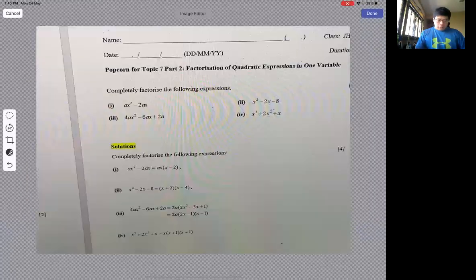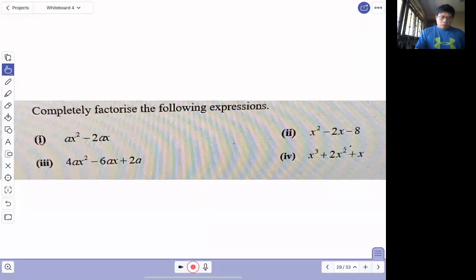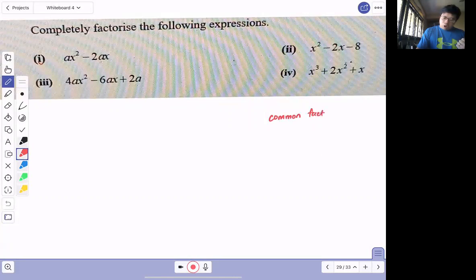Yeah. So for this, we always try to identify, remember when we are doing factorization, Nabil, there are a few methods that we learn. It could be common factor, which you can be dealing with 2 or 3 terms. It could be algebraic identity.